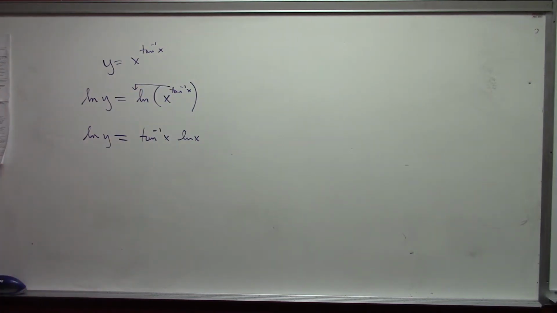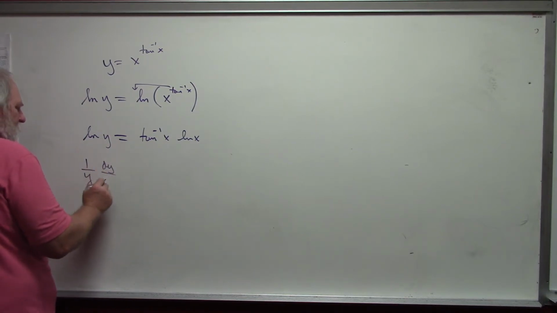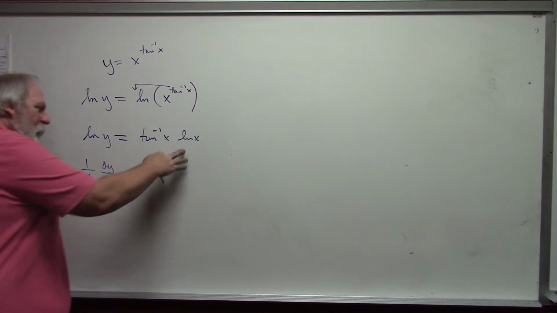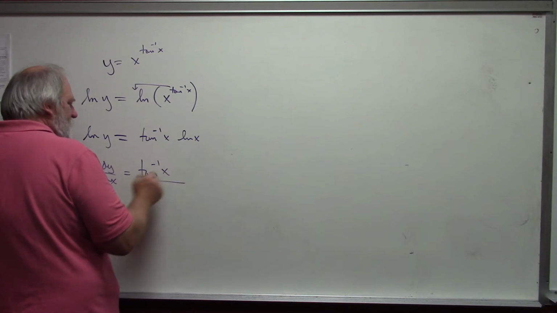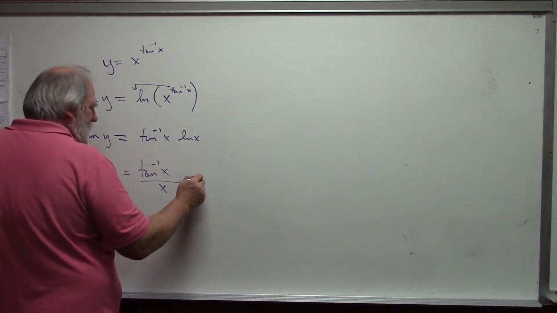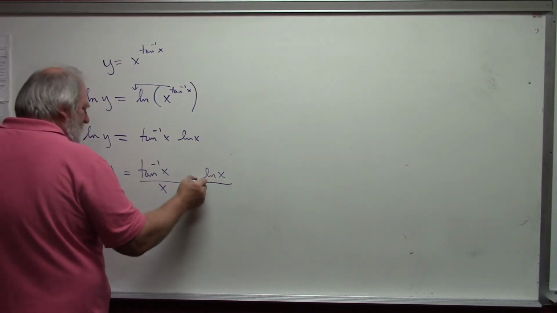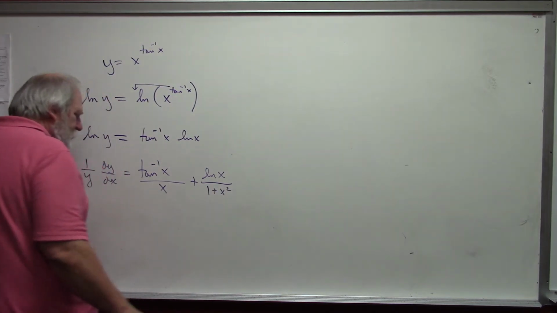Now we can take the derivative. 1 over y dy/dx is equal to, this is a product, first, arctan of x, derivative of the second would be 1 over x, plus the second, the derivative of arctan is 1 over 1 plus x squared.